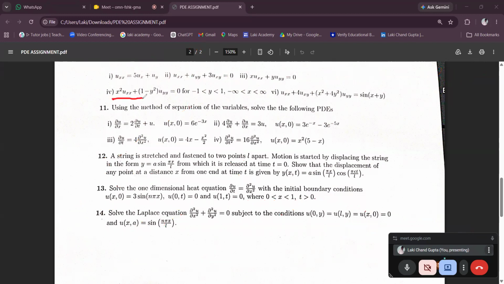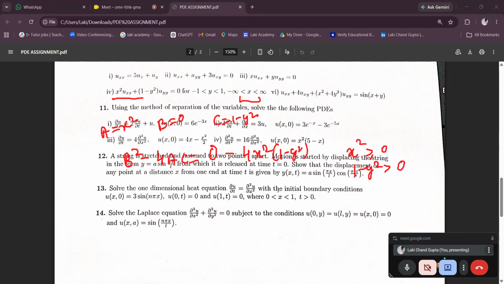See fourth one. A is equal to x square, b is equal to 0, c is equal to 1 minus y square. Find b square minus 4ac. B square means 0, 4 into a into c. Since it is given what? X is from minus infinity to infinity. Means when you do square of x, you will get positive. And 1 minus y square is greater than 0.